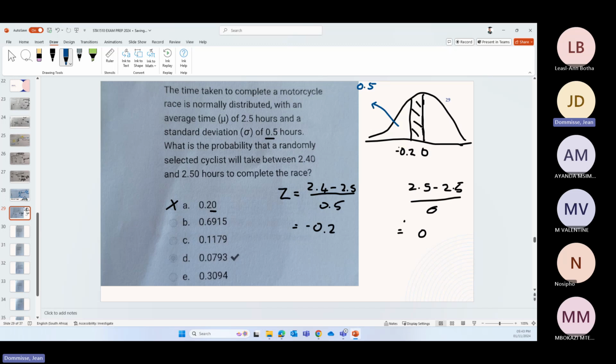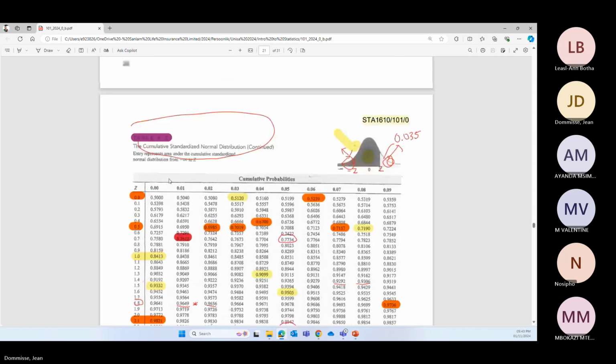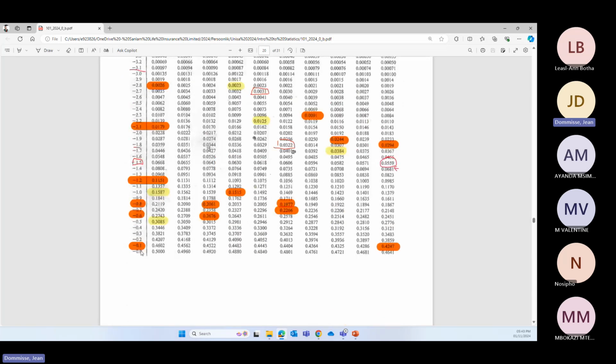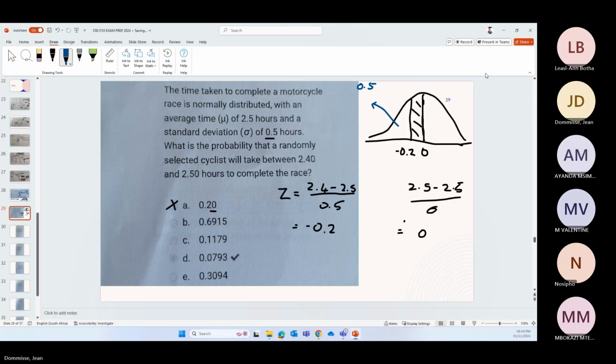So I will go to the negative table of 0.2, because that is then what I'm getting. So 0.2, it's 0.4207. It's interesting, it's not somewhere there. 0.4207.